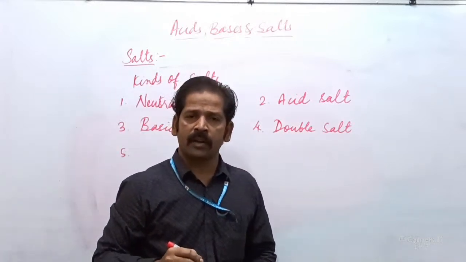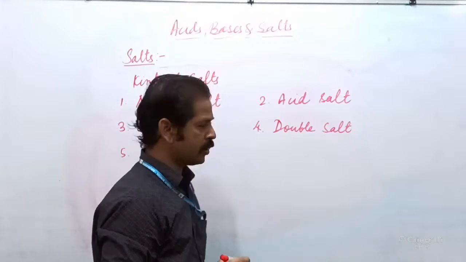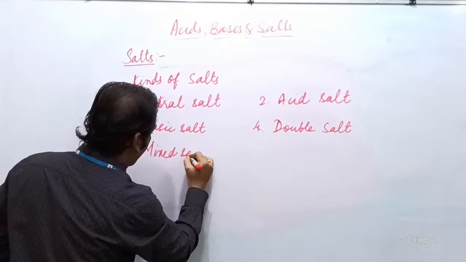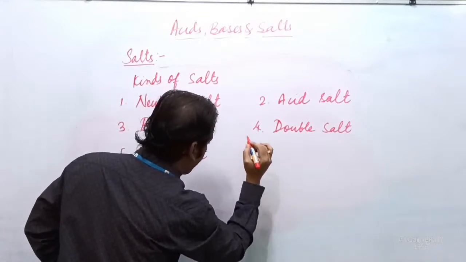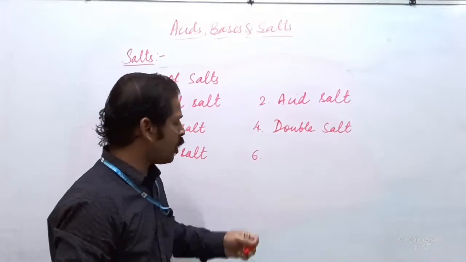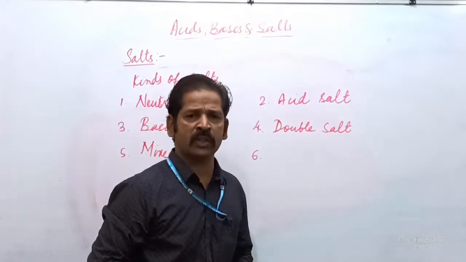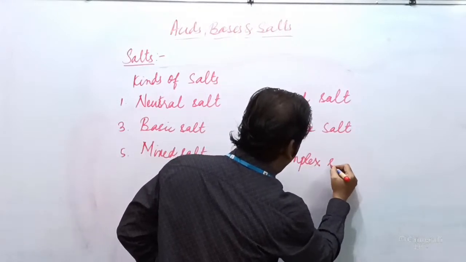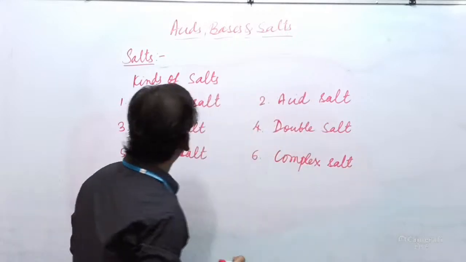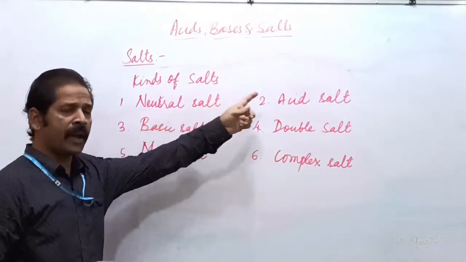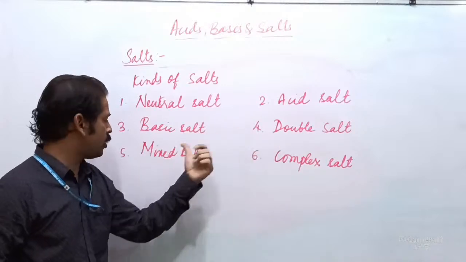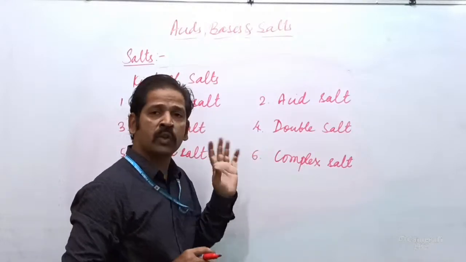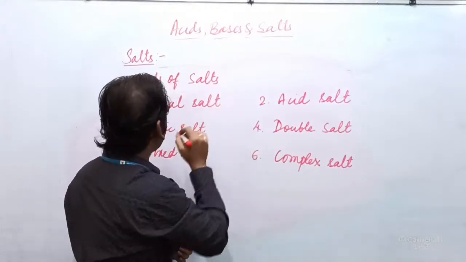The fifth is called mixed salt. And the last one is called complex salt. Yes: neutral salt, acid salt, basic salt, double salt, mixed salt and complex salt. These are the 6 kinds of salts.